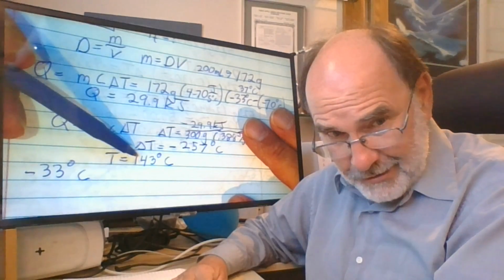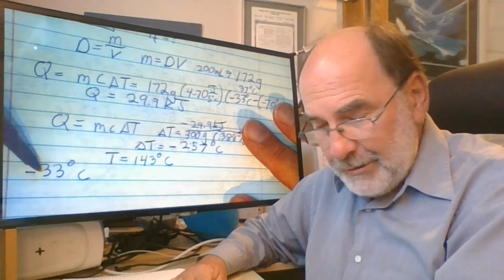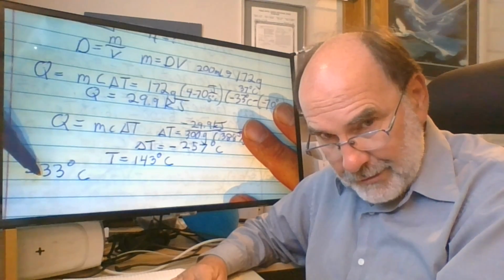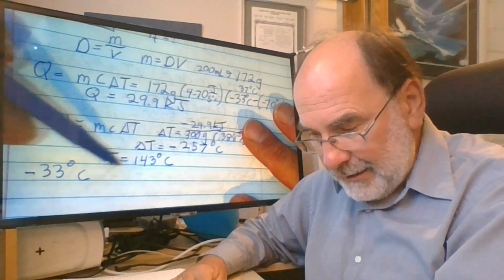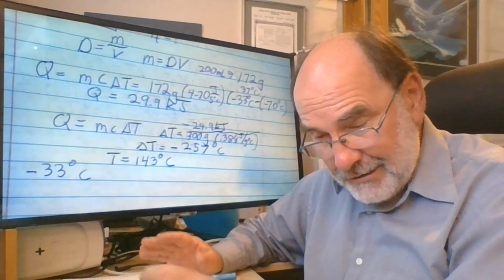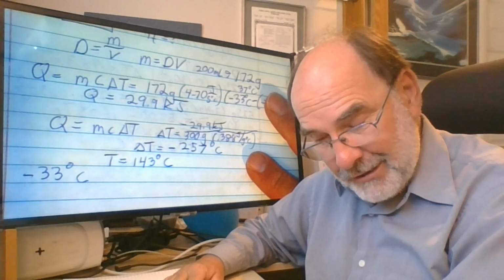So I'm going to drop the zinc from 143 degrees, where it is at the moment, all the way down to the boiling point of liquid ammonia. And after I extract that much heat energy out of the zinc, I'm going to see how much ammonia I vaporize with that amount of heat energy.